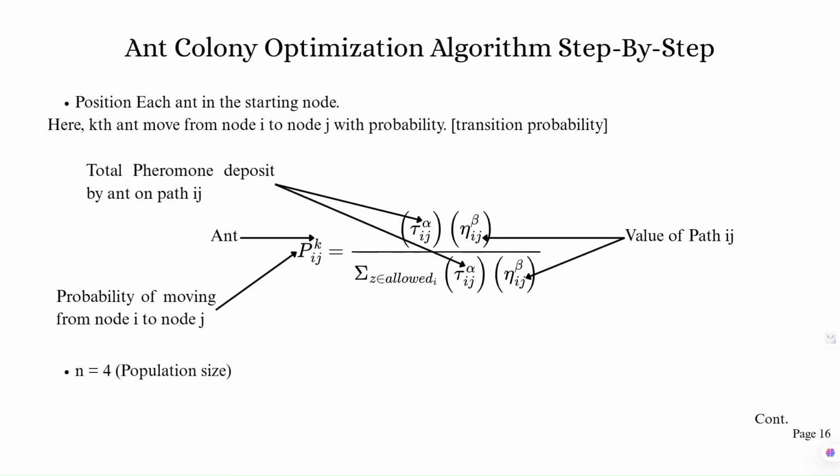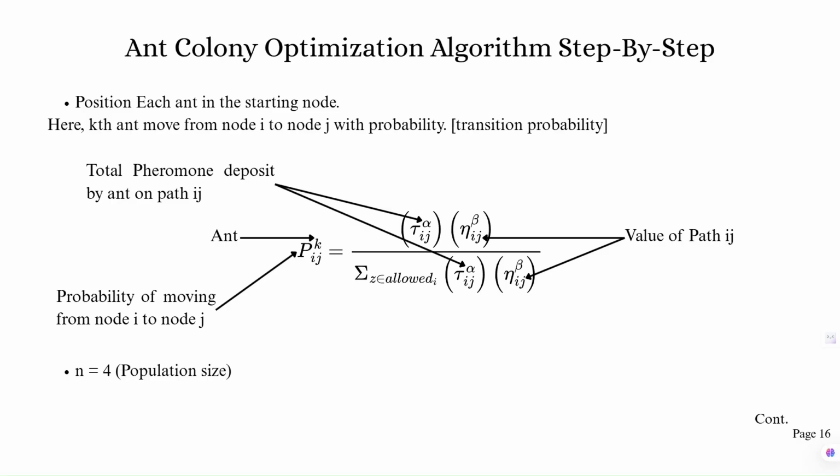Next, position each ant in the starting node. Here, ants move from node I to node J with a probability of moving from node I to node J. Considering the population size is 4, because in the traveling salesman problem the salesman will go from the current city to the fourth city.